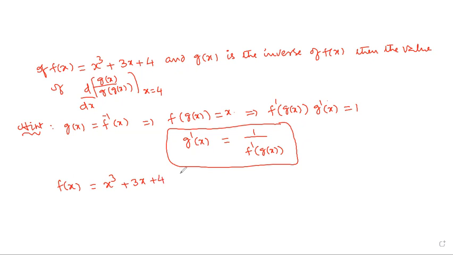First find f of minus 1: minus 1 minus 3 plus 4, its value is 0. Therefore f of minus 1 is equal to 0, meaning minus 1 is equal to f inverse of 0. Put in the box one more value.